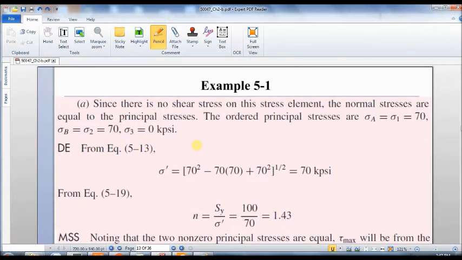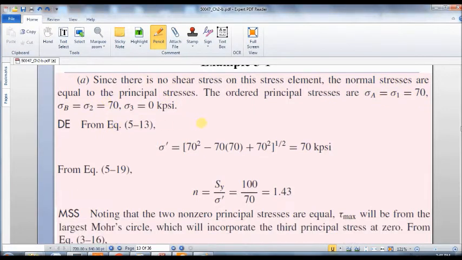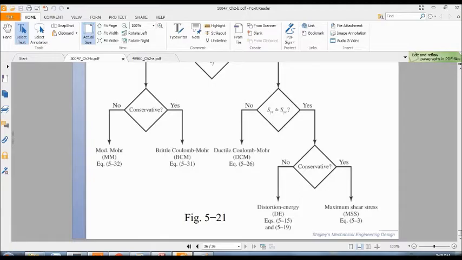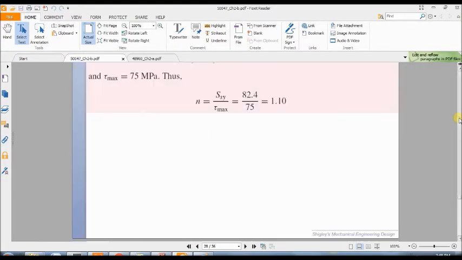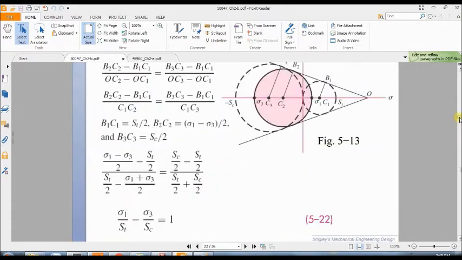In part A, the principal stresses sigma A and sigma B are equal to 70. To find the safety factor using the distortion energy theory, we can refer to the equation in this chapter. Let me show you the equation.